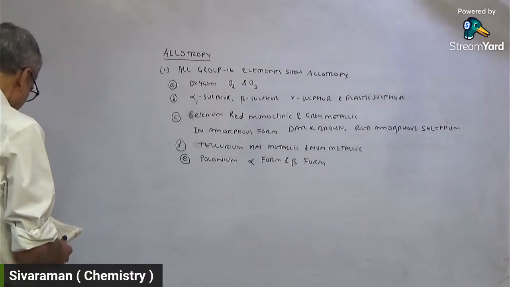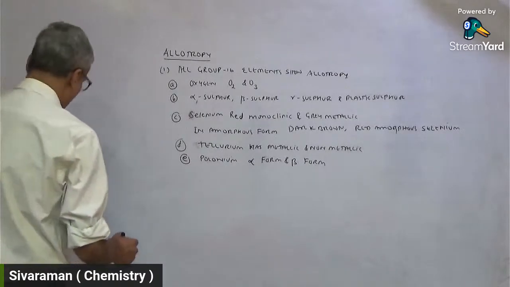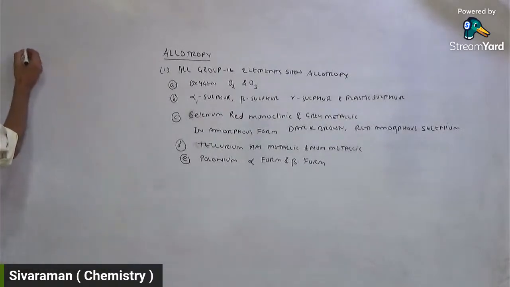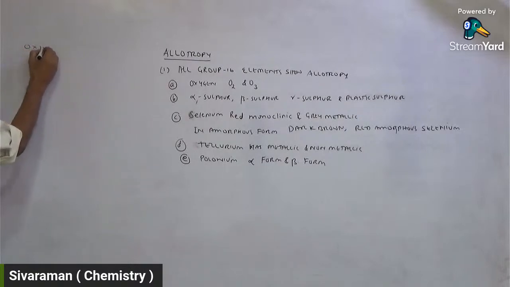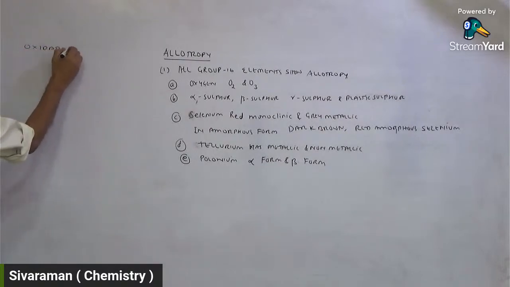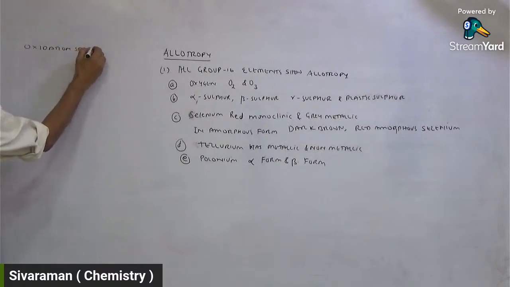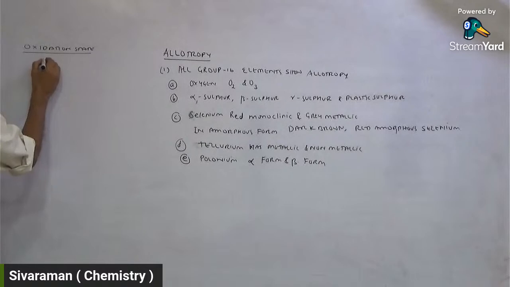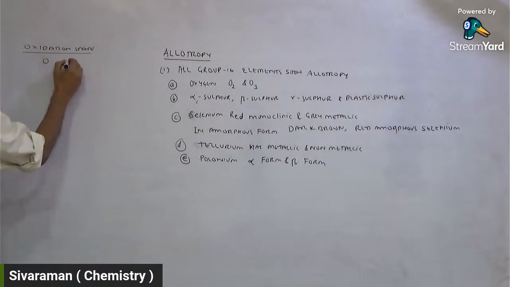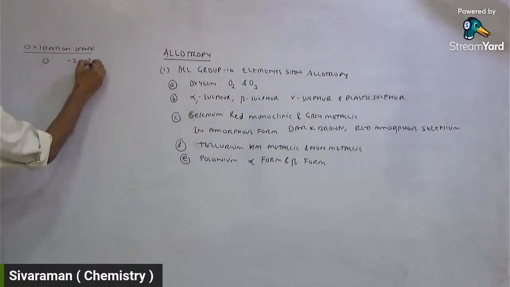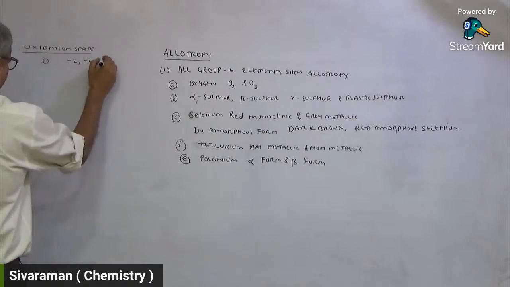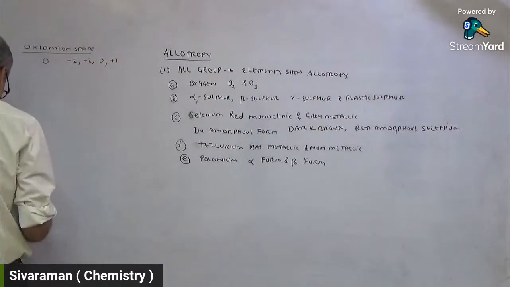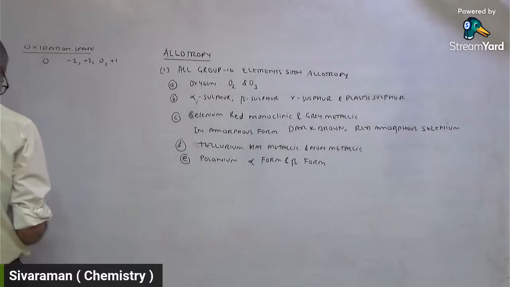Clear? Then next is oxidation state. So generally, oxygen shows an oxidation state of -2, +2, that of course 0 and then +1. Is it clear? So it can, no, +4, sorry.